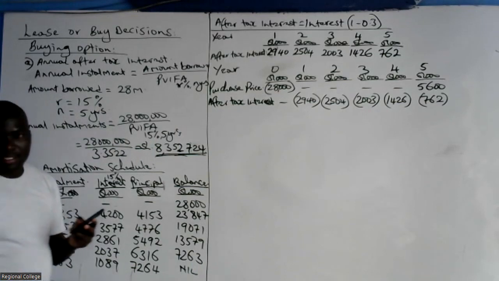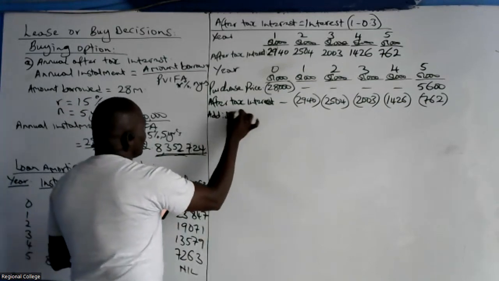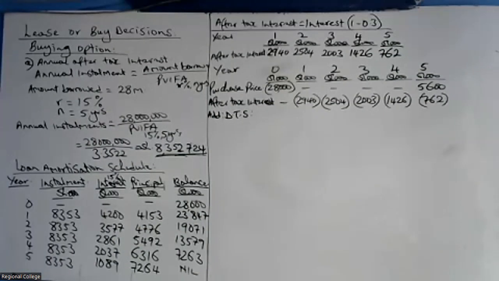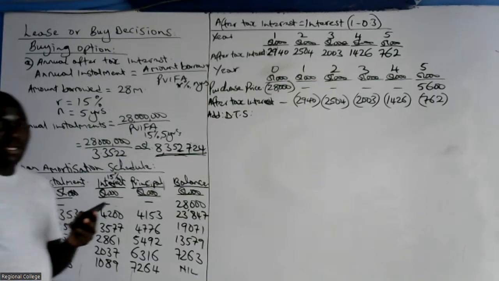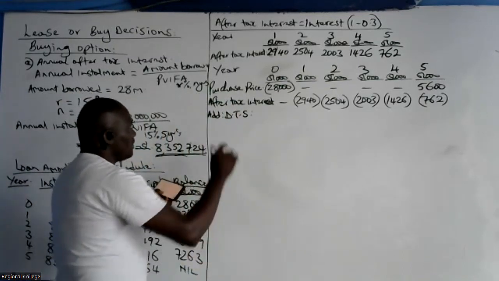First of all, DTS. So we add our DTS. How are you depreciating that asset? Capital allowance is on a depreciation. In finance, when you take capital allowance, depreciation is one thing and the same. So it's 100% in the first year.